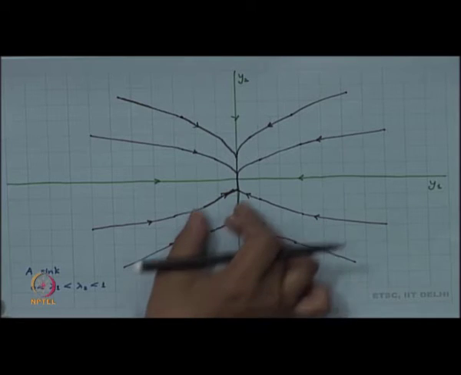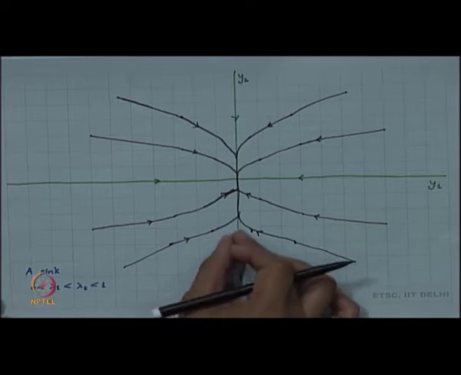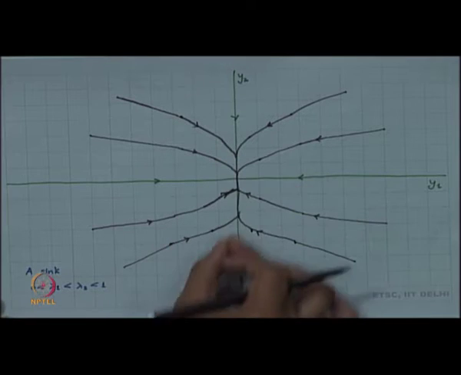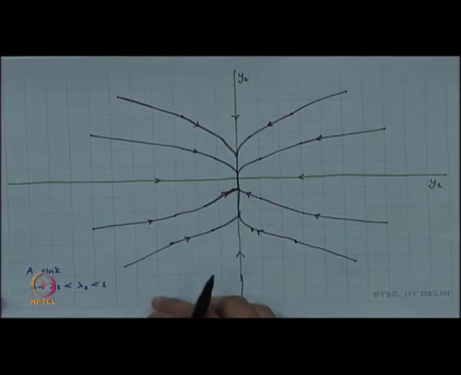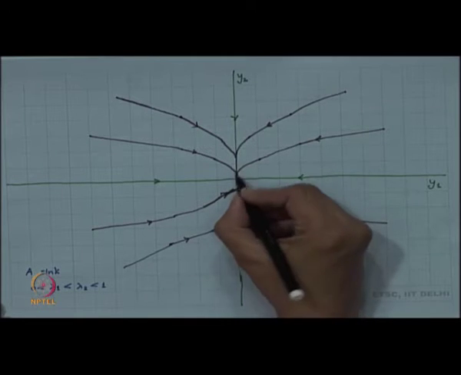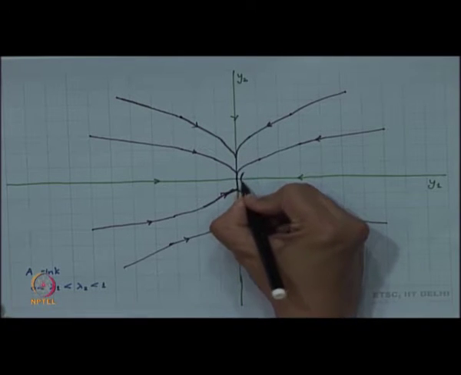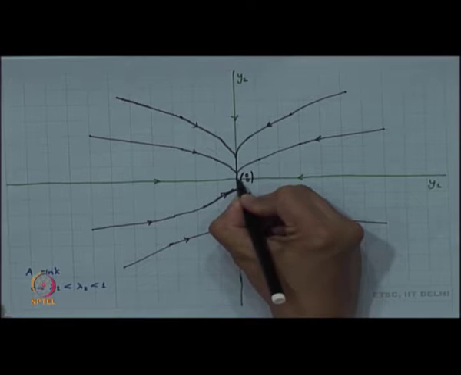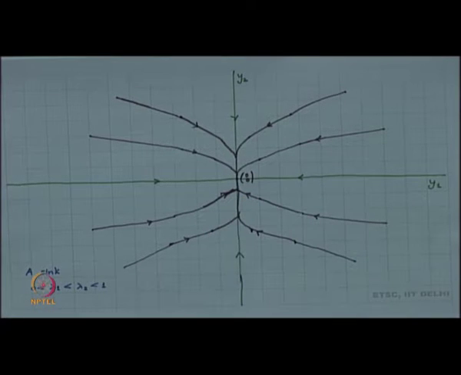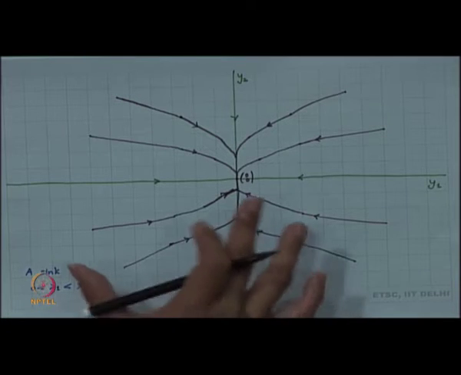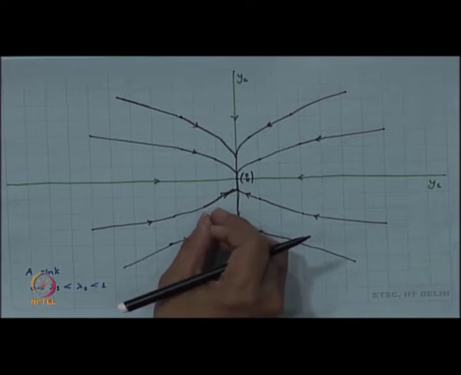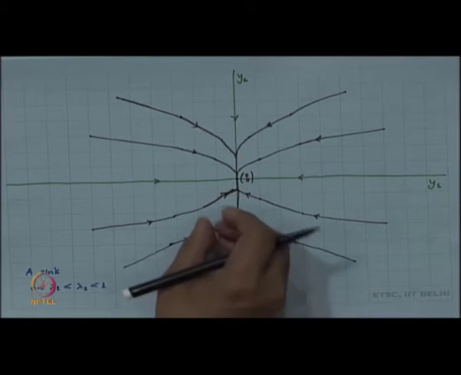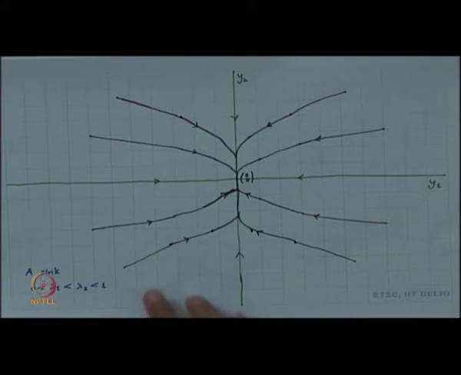They become asymptotic to y2, and then move along it to 0. The origin, the point (0, 0), is a sink in this case, but the behavior is a little different because everything first becomes asymptotic to y2 and then converges to 0.